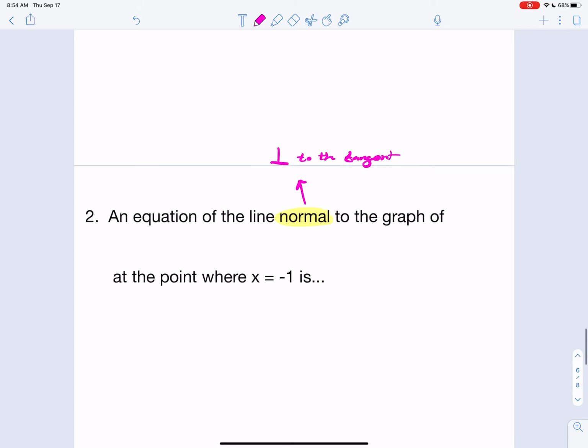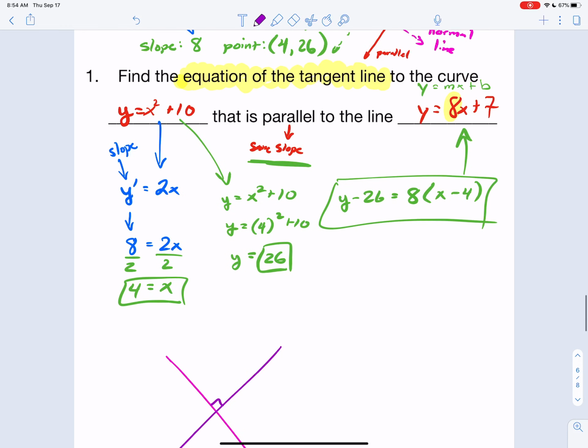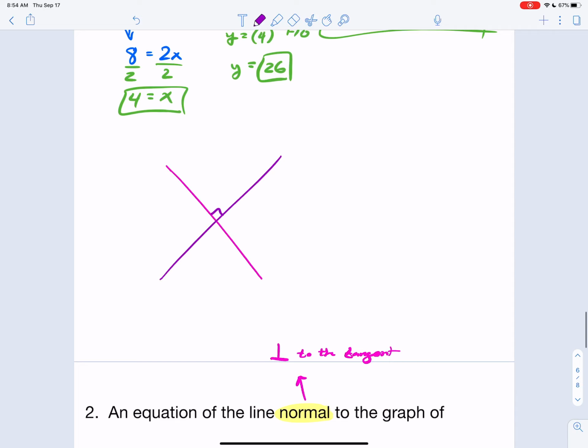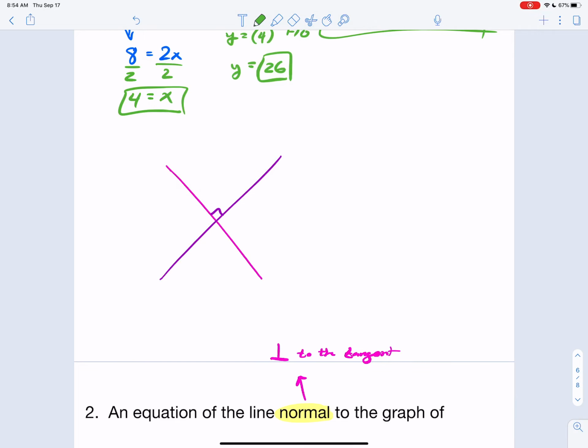Okay, so we have to revisit a little bit here. If you recall, lines that are perpendicular create a right angle, but there is a relationship with their slopes. Kind of like parallel lines, we know that they have the same slope. Perpendicular lines, Google it if you have to, have opposite reciprocal slopes. Sometimes they call it negative reciprocal, but that's so misleading.